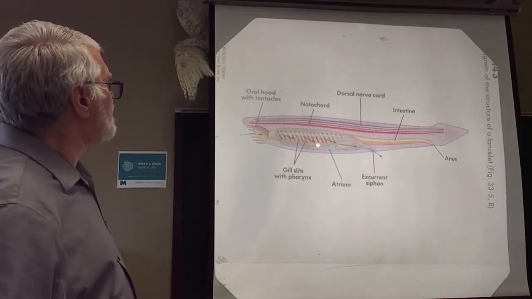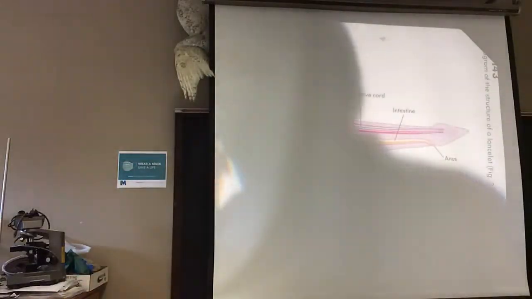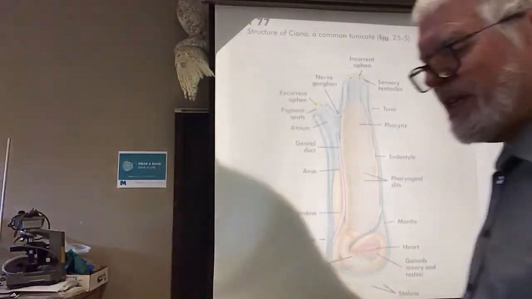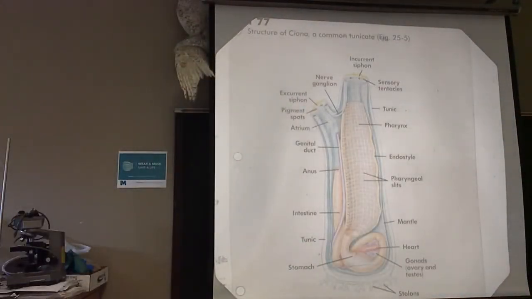The water, once it's been filtered, goes out through a siphon. The same structure is called that in clams. And here is the sea squirt. Sea squirts are technically tunicates, but sea squirts is fine. Here's where the food goes in, here's where the food gets filtered, here's where the particles that want to be digested go into the digestive system.